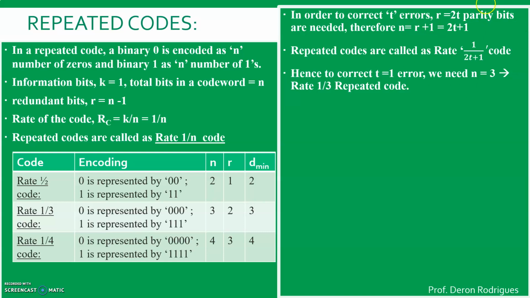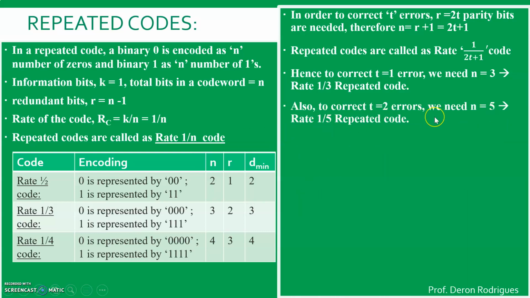So if at all we want to correct a single error, t is equal to 1, when we substitute t is equal to 1 here, we get n is equal to 3. And hence rate 1 by 3 repeated code is required to correct a single error. That means rate 1 by 2 code cannot correct a single error. It can only detect a single error.